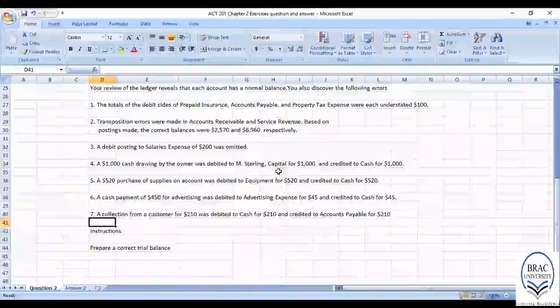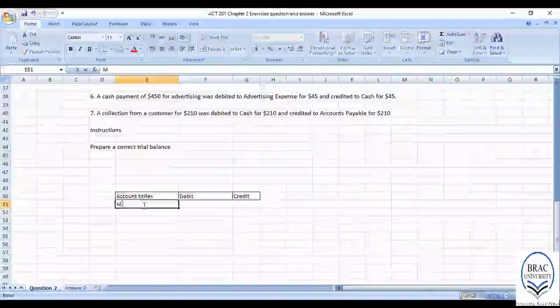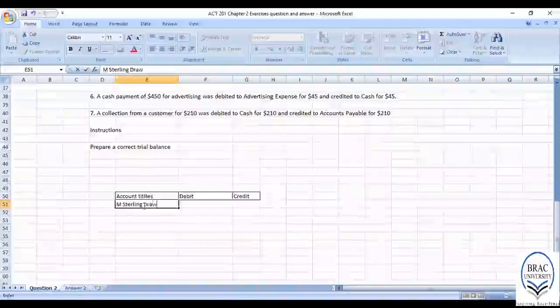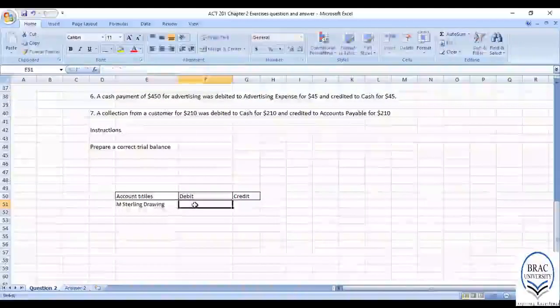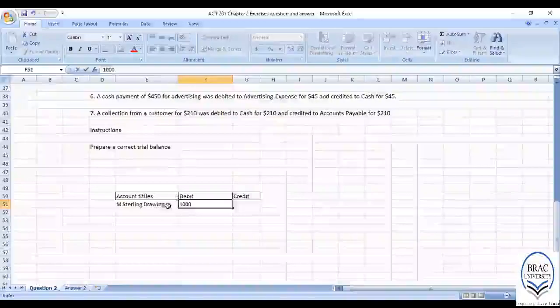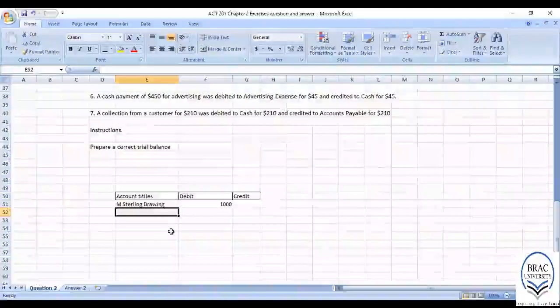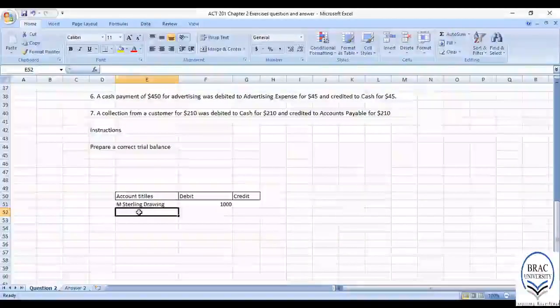If we see our journal entries, the correct journal entry, as I said, should have been debit M Sterling Drawing for $1,000 and credit cash for $1,000.